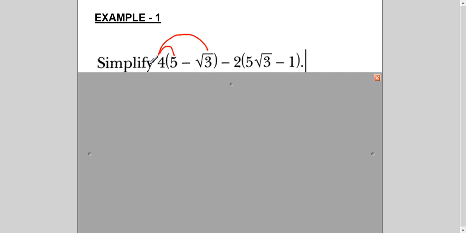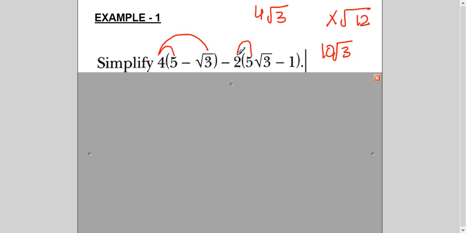Whenever you multiply a number by a surd, do not make the mistake of multiplying this number by 3 and writing 4 3s are 12. No, this is wrong. It is like this. Similarly, if this number 5 is multiplied by root 3, when multiplied by 2, the 2 will multiply by 5, so it will become 5 2s are 10 root 3.